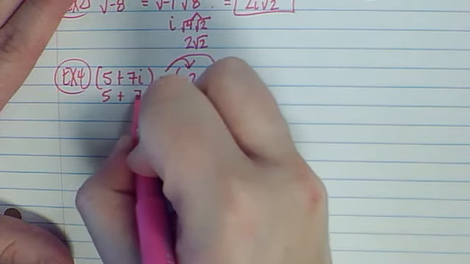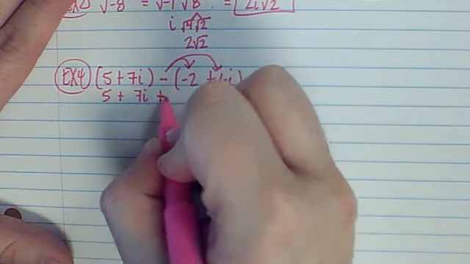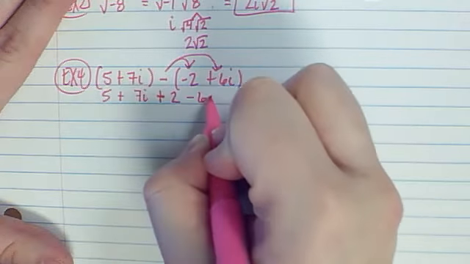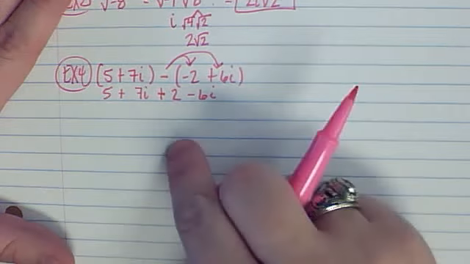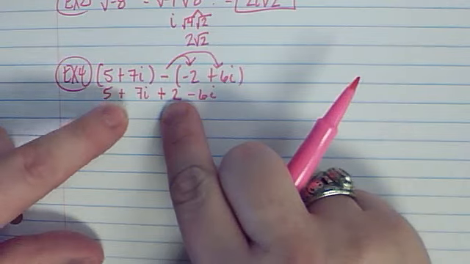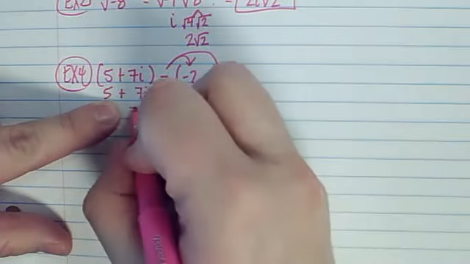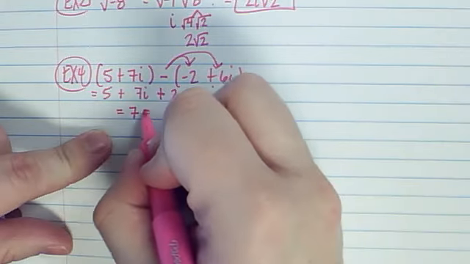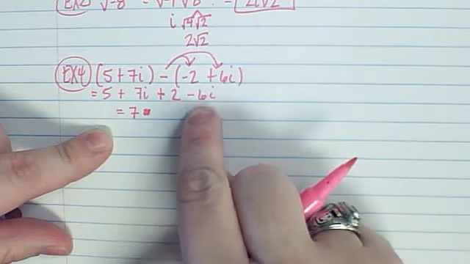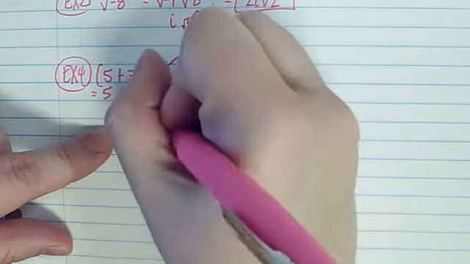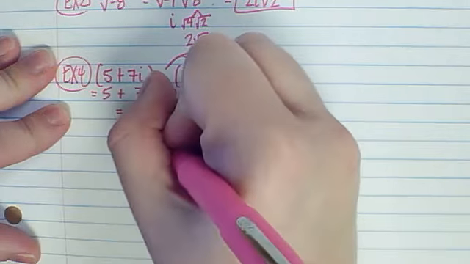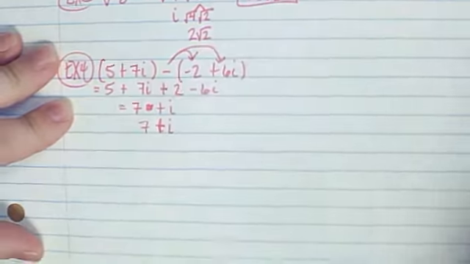So 5 plus 7i plus 2, because the negative times the negative is positive, and then minus 6i. So when we combine our terms, I have my real numbers 5 and 2. When I combine them, I get 7. And then 7i minus 6i would give me a positive i. So my final answer is 7 plus i.